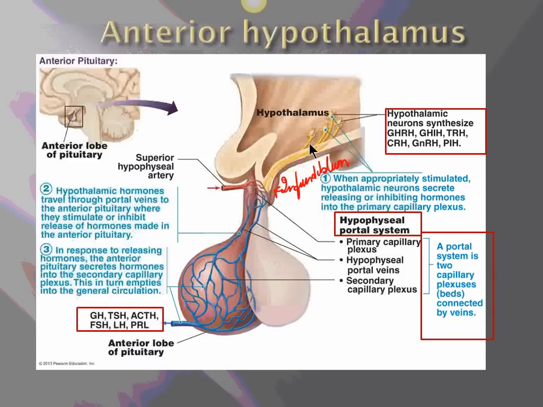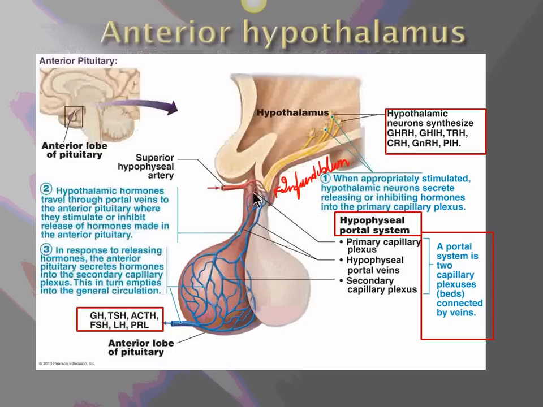So you can see the neurons have these axons, so the releasing and inhibiting hormones will travel in the axons, but they'll stop short right here. Unlike, remember in the previous slide, the axons went all the way up to the posterior pituitary. So they stop here and they actually release their hormones into capillaries which are present here.